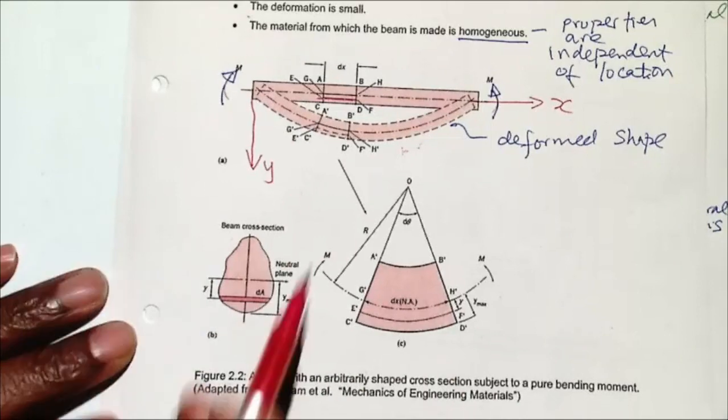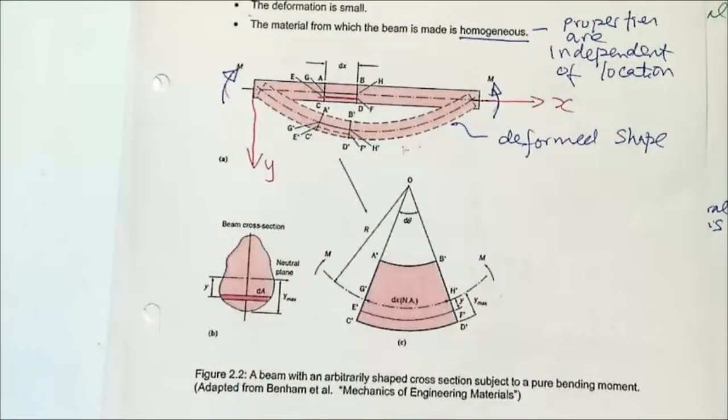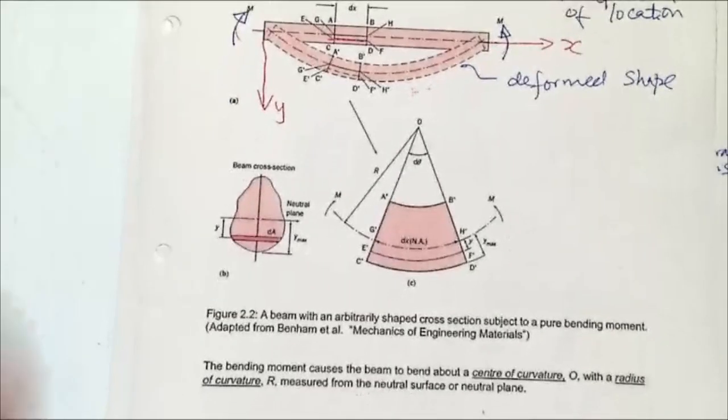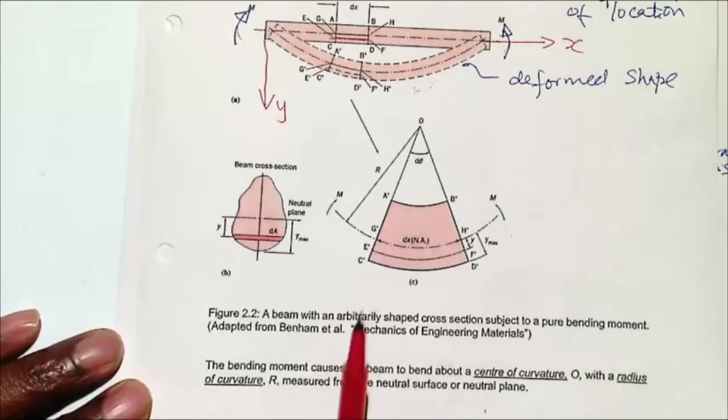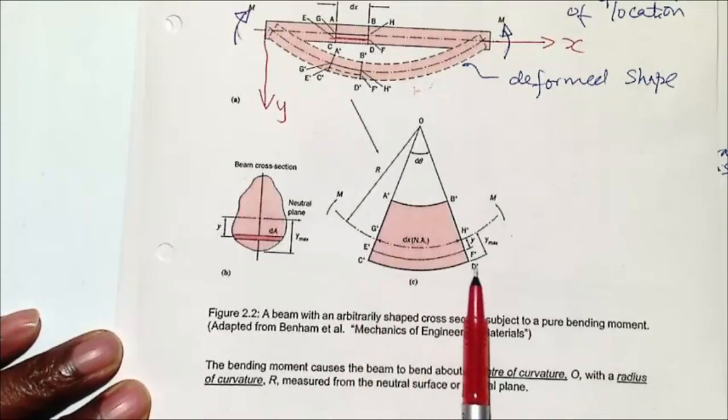The beam has bent, and because of the bend, the radius of curvature is r. That's the radius of curvature of the neutral axis. The length EF, which we chose before the load is applied, has now gone to length E prime F prime.